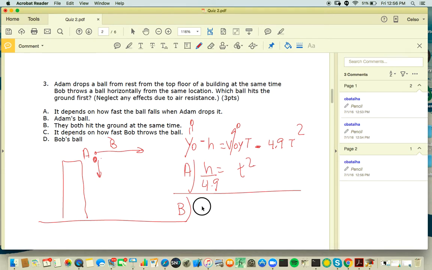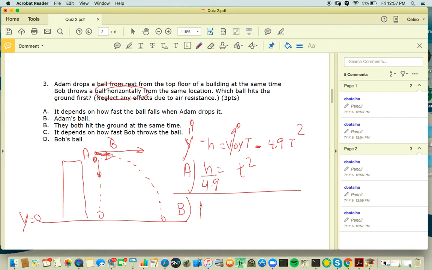The final position, sorry about that, is the position when the ball hits the ground, right there. And for Bob, it goes like this, right there. In fact, the initial velocity would be like this. Now Bob throws horizontally, right?